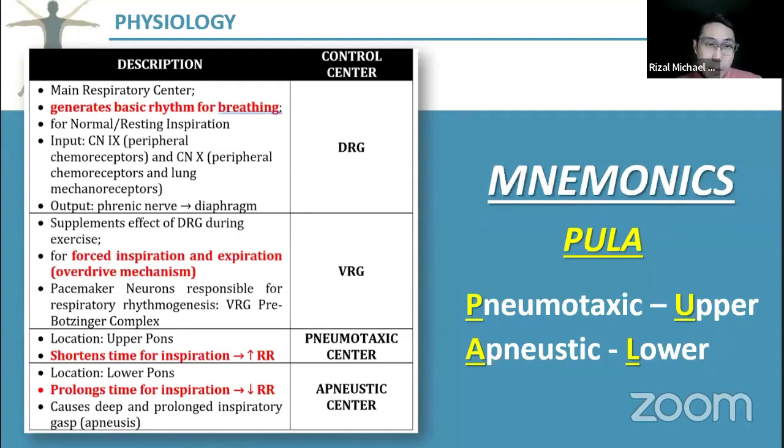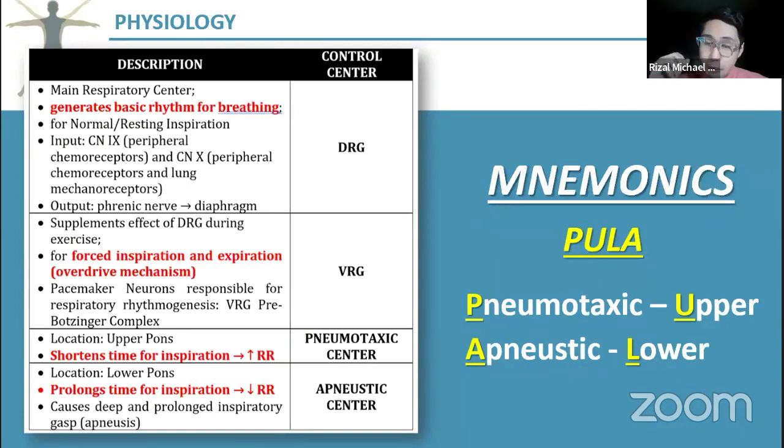We have here the important control centers. We have your DRG, dorsal respiratory group, that generates the basic rhythm. We have your VRG, for forced inspiration and expiration, and the pontine centers: pneumotaxic from the upper pons, and apneustic from the lower pons. Your pneumotaxic shortens the time for inspiration.